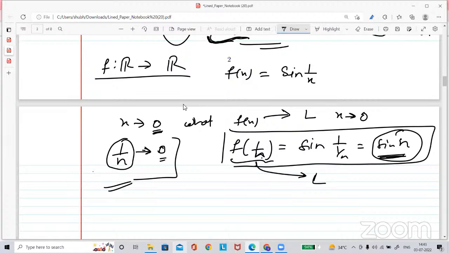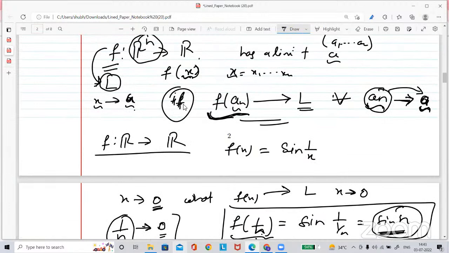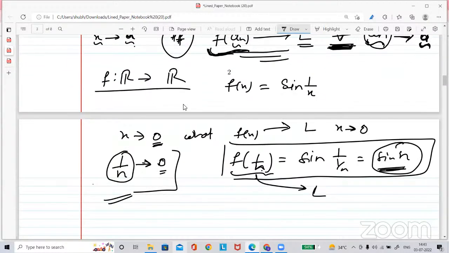The condition is that this is true for all sequences, and if so it should go to L. But in our case we have a sequence approaching the limit point, and the corresponding f(an) sequence is not convergent.